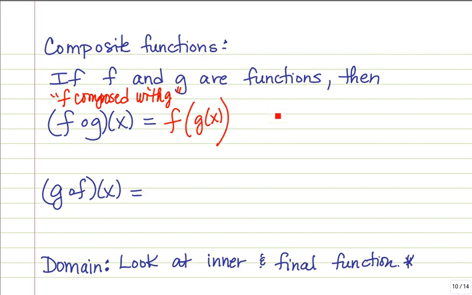What that means is we put g of x inside f of x. Remember, it's just like if we had f of 5, we would put 5 in for the x. Well, now we're just going to put g of x in for the x. So we're replacing a whole variable with this whole expression.